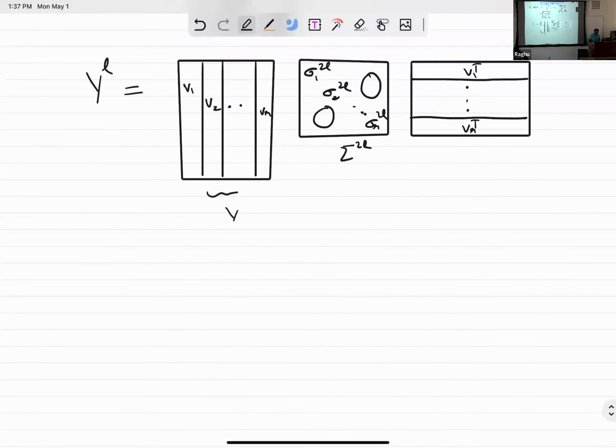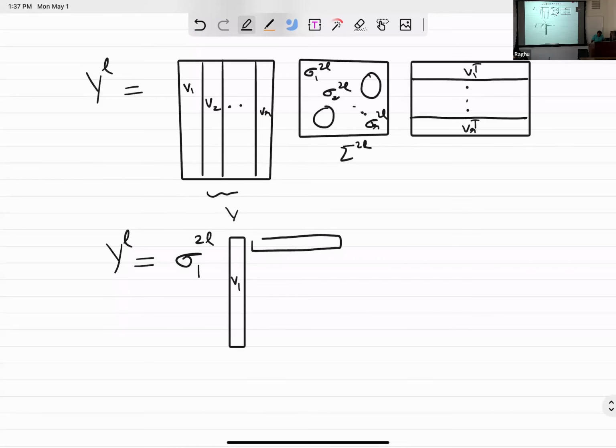So just as we did before, I can also view it as a sum of simple rank 1 matrices.